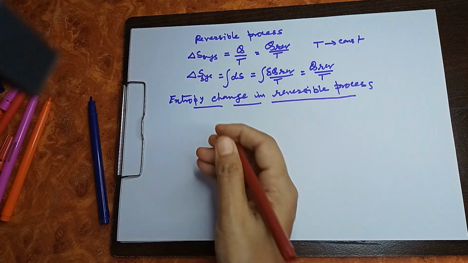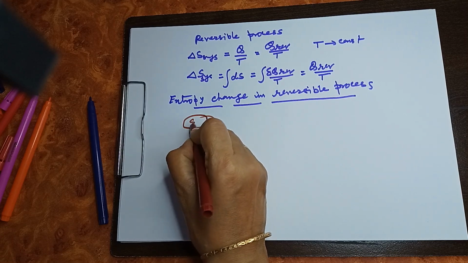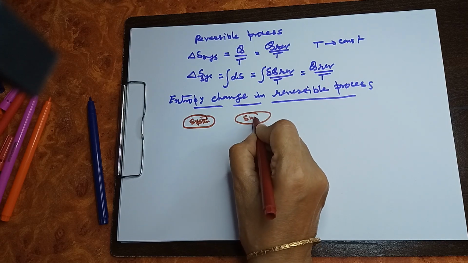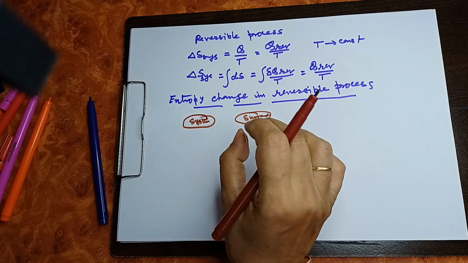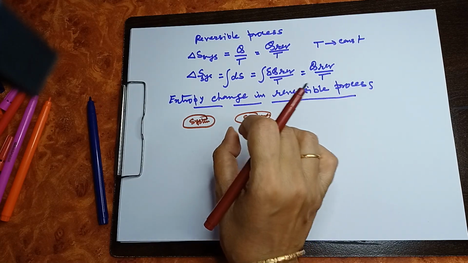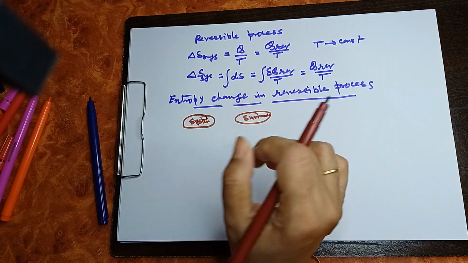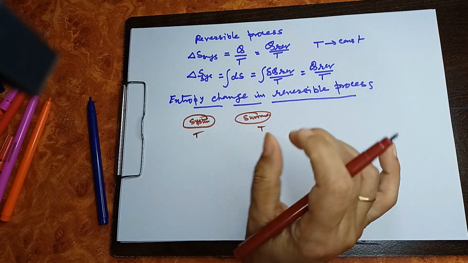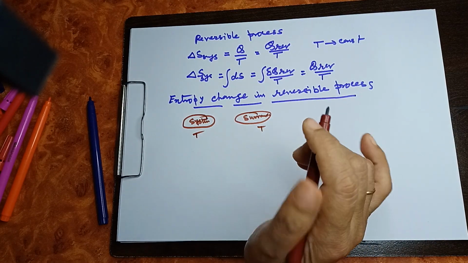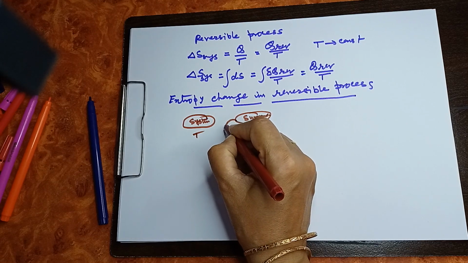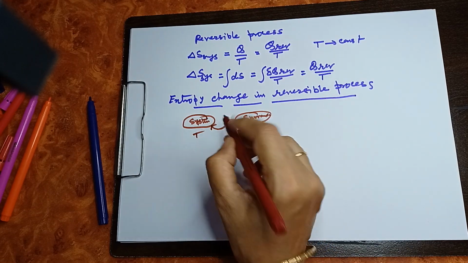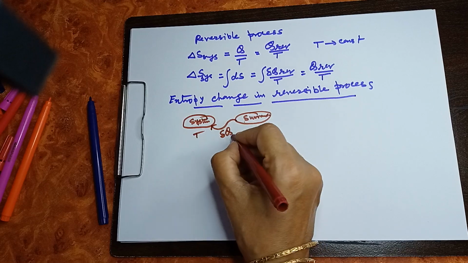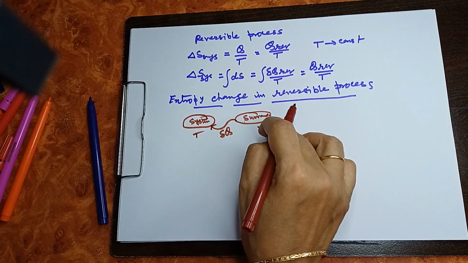Try to understand: say this is my system and this is the surrounding, and the process is reversible. Reversible means equilibrium is maintained in each step. System and surrounding are in equilibrium, both having the same temperature T, under constant temperature T. Now a small amount of heat, say del Q, is transferred from the surrounding to the system, and it is a reversible process, so you can write del Q reversible.